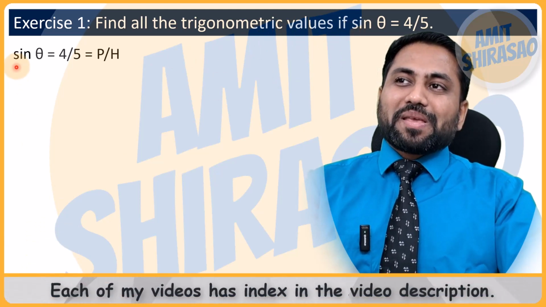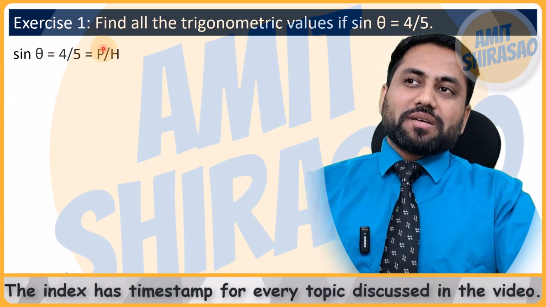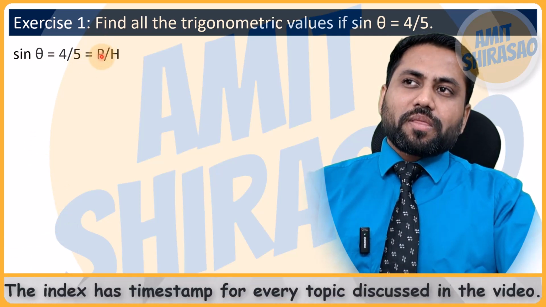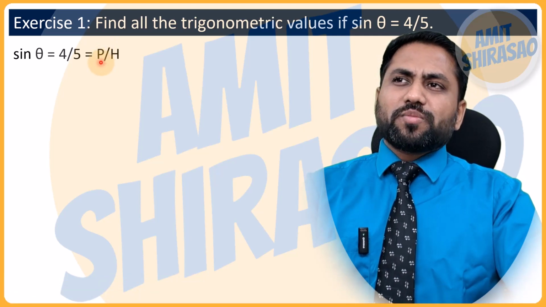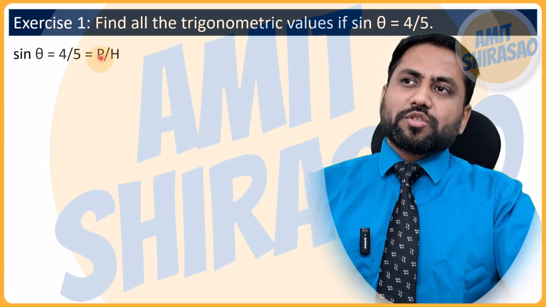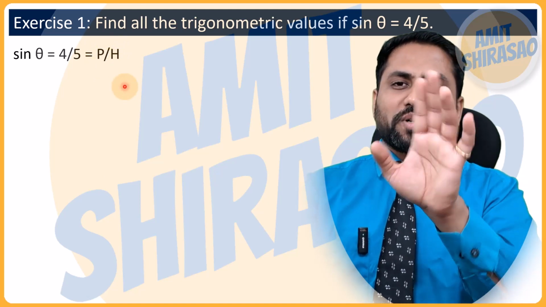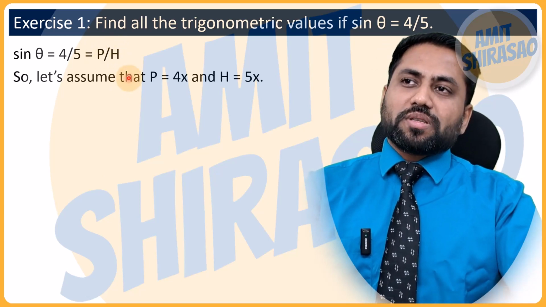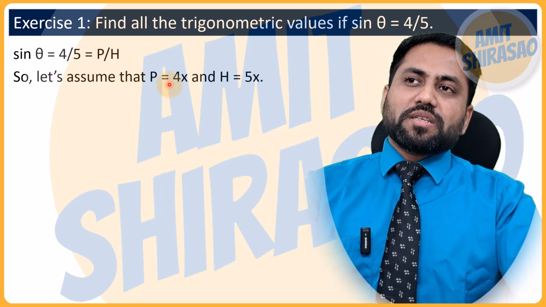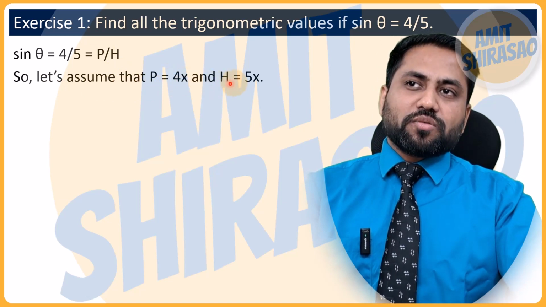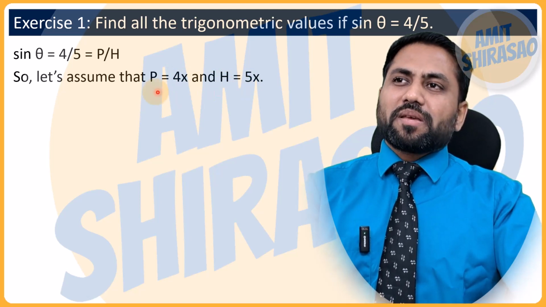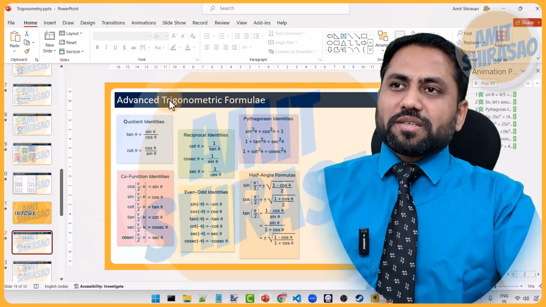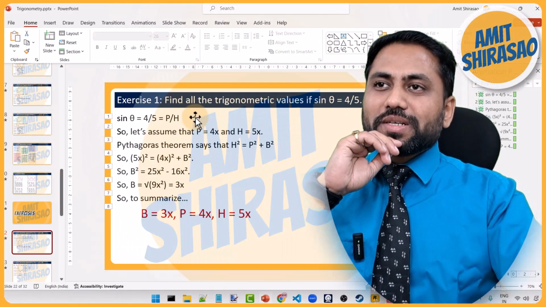So let us see. Sine theta is equal to this. So what is P? It should be opposite upon hypotenuse. The opposite side is also called perpendicular, so I've written P over there. Let us assume that P is equal to 4x and H is hypotenuse. Okay, I'm getting confused here. If I'm getting confused, you will also get confused.